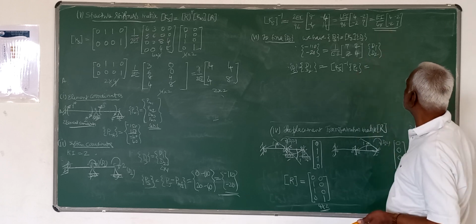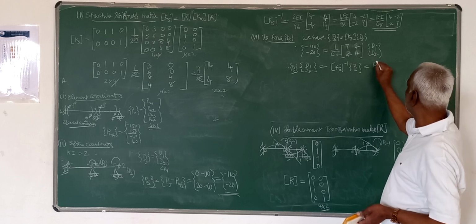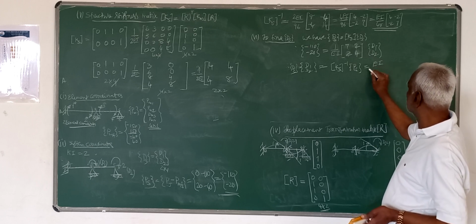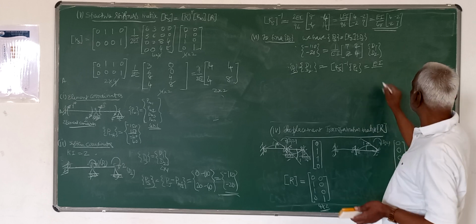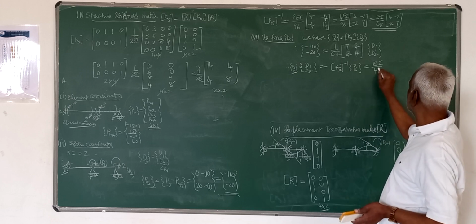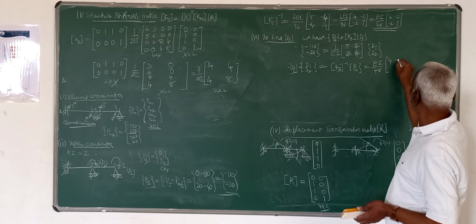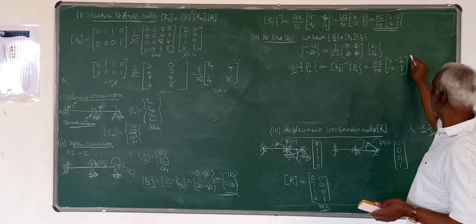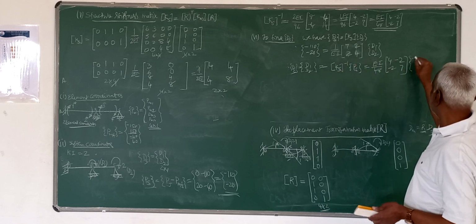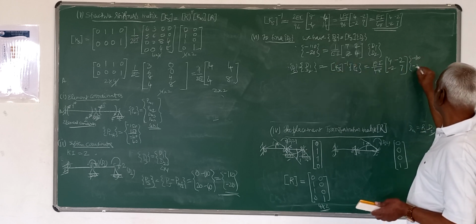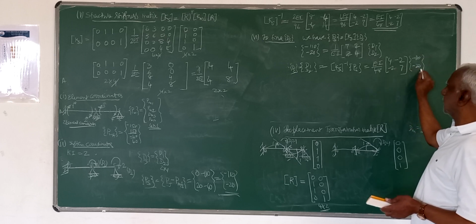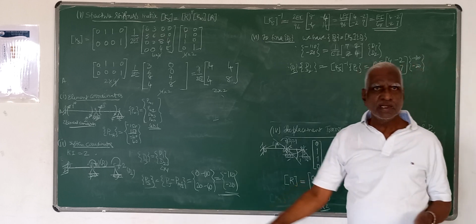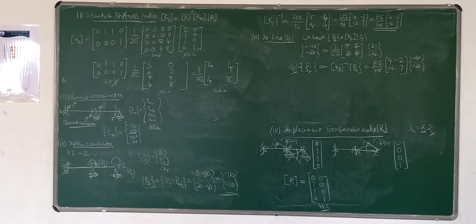So that inversion is given by EI by 48 into 4, minus 2, 2, 7 into Ps, which is minus 110 and minus 20. So if you multiply these two, you will get D1 and D2. I will have the value of D1, D2, straight away I will write it.